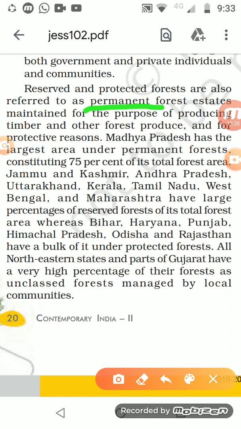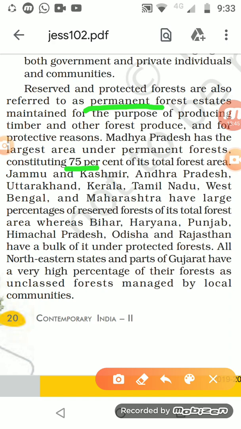Otherwise, the forest dwellers, like the Adivasis, the Santhals, don't realize the importance of certain plants and certain animals, and they kill the animals and use the plants for their own purpose.